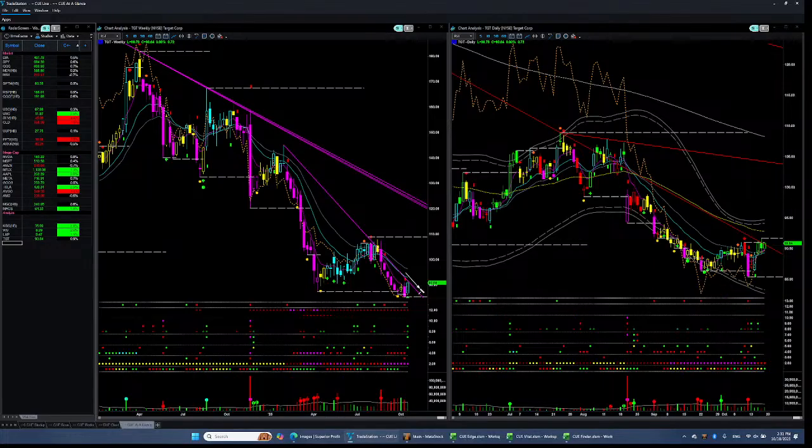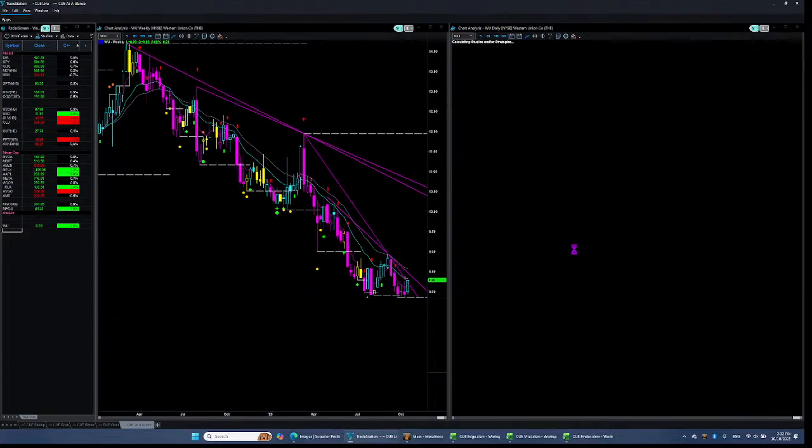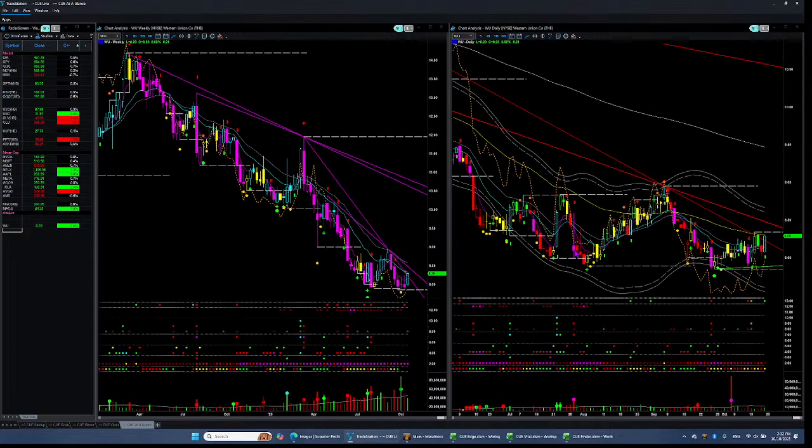Here the weekly has not cleared the trend line resistance. The daily has technically cleared, but again this is a case where the recent swing low is far away. I don't like to take stocks like that. That is why I traded WU on Friday and not the others.